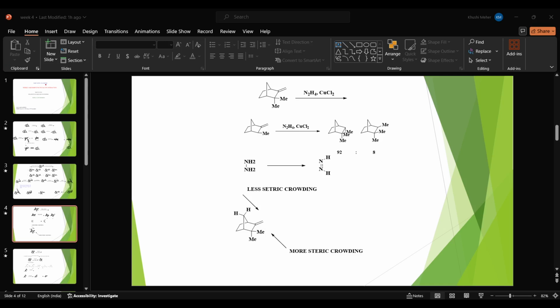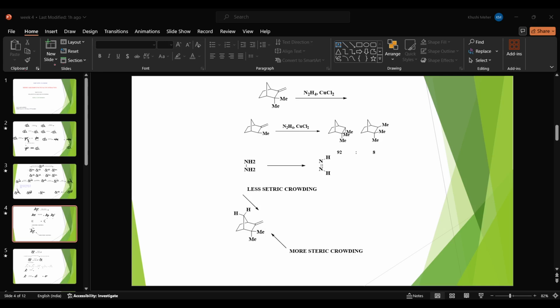In that particular case, if the configuration of both those carbons is RR, or RS, or SS, the chirality of this carbon will depend upon the chirality of this carbon and this carbon. Yes or no? The chirality of the second carbon will depend upon the chirality of the first one and the third one.